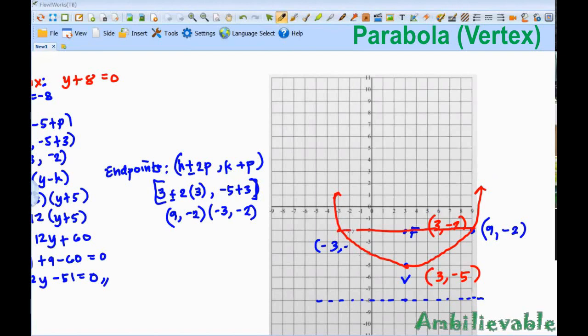So, until here: 1, 2, 3, 4, 5, 6, 7, 8, 9, 10, 11, 12. That's why the length of our latus rectum is 12, because 3 times 4 will give you 12. Latus rectum: 12 units. And the directrix is y equals negative 8.